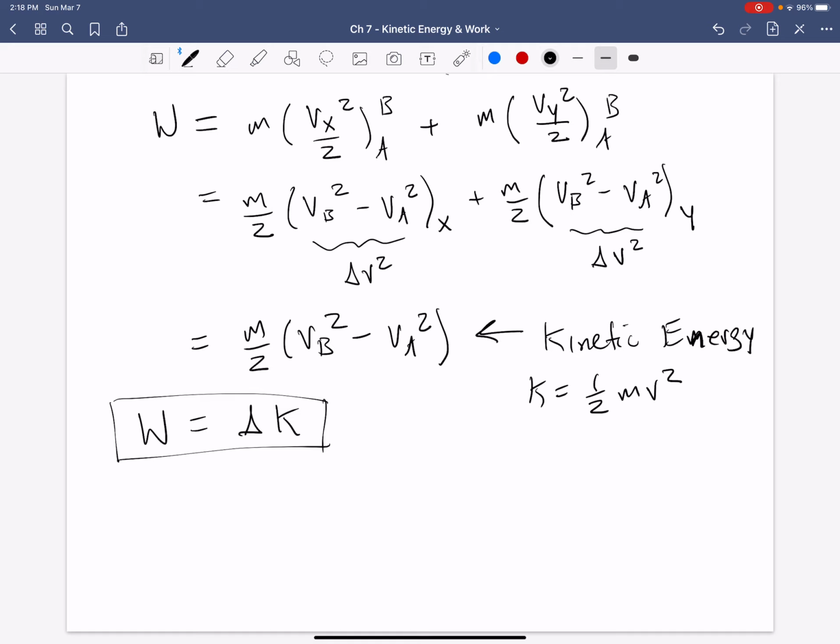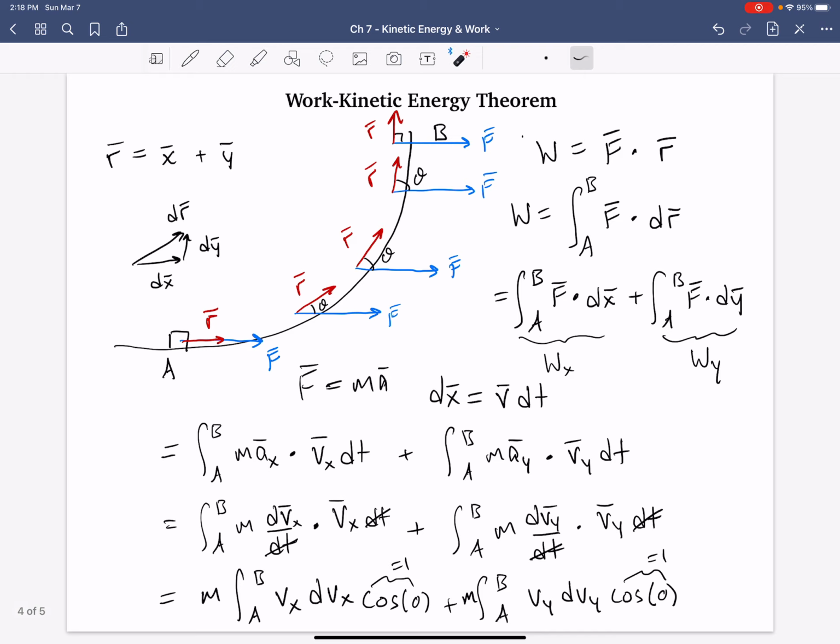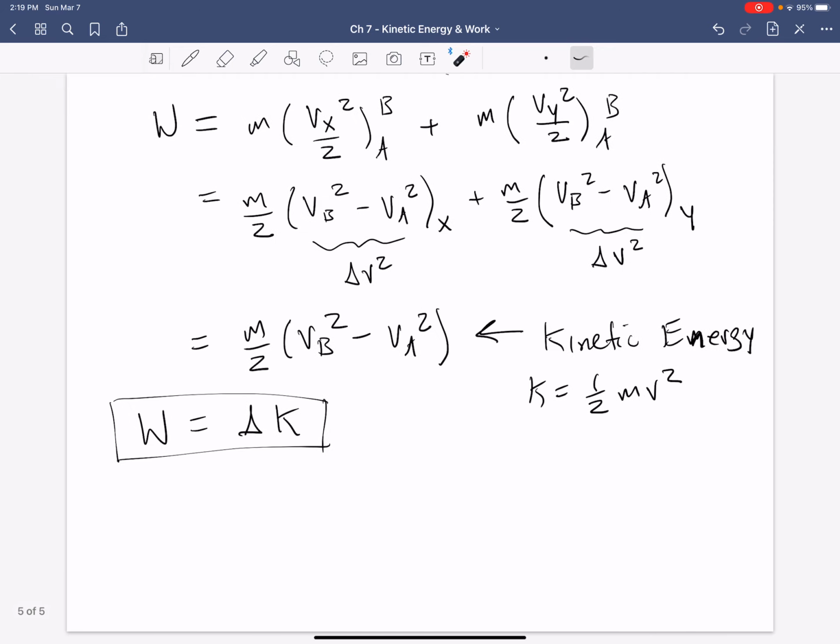But this is known as the Work-Kinetic Energy Theorem, and it's a very elegant derivation, right? Because it simply boils down to W equals delta K. That's it. So we start out with this mess, plug in some equations from chapter 2, and then we get it down to work equals the change in kinetic energy.